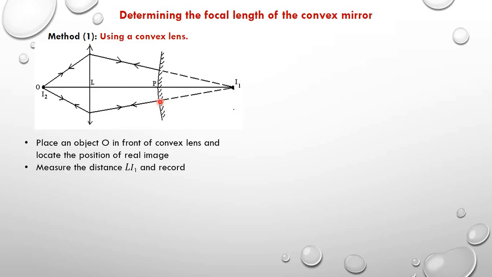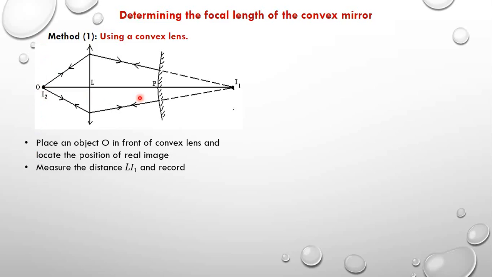Then we shall adjust the position of the mirror until the image formed by that mirror coincides with the object by the no parallax method. We shall remember this object is usually an illuminated object which has also a screen beside it.